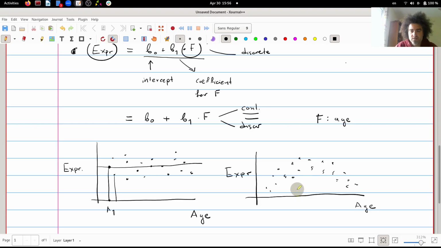What we see from this data very clearly is that as the age increases, the expression value increases up to a certain age, but later on, as the age increases, the expression value drops. On average, the expression value can be described by a line like that, with some values above and some below.